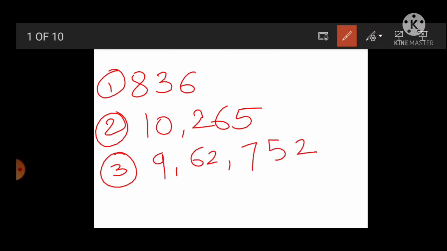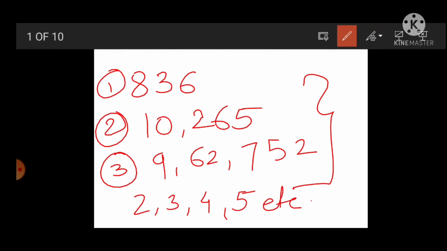These numbers' factors we have to find out. These are bigger numbers. To find the factors, we check whether the composite number is exactly divisible by smaller numbers like 2, 3, 4, 5 and so on.